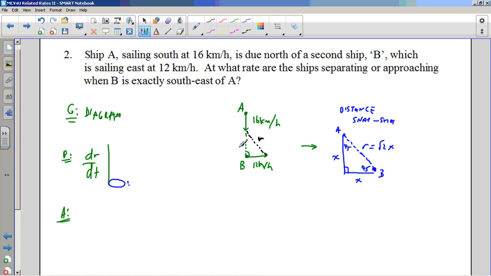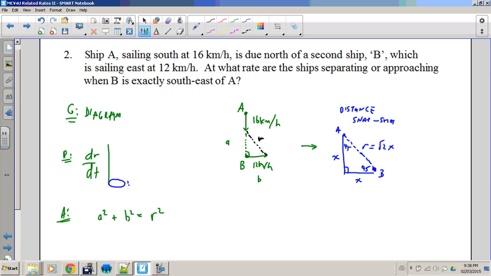If I call this distance a, and this distance b, then I have a squared plus b squared equals r squared. And we want this special r where r is the square root of 2x. That's what we want to have happen.